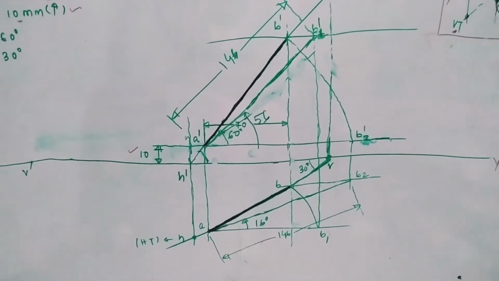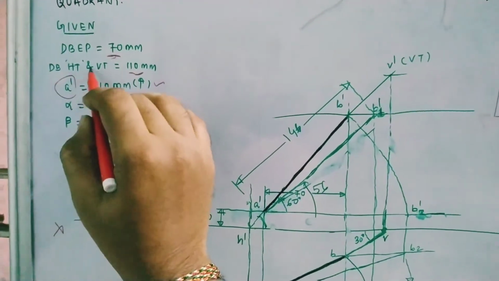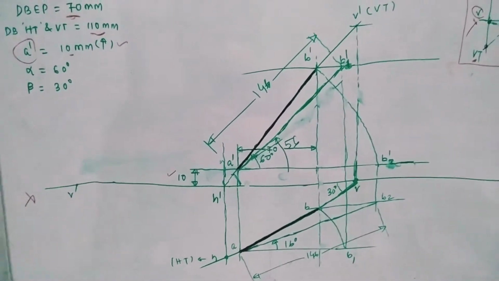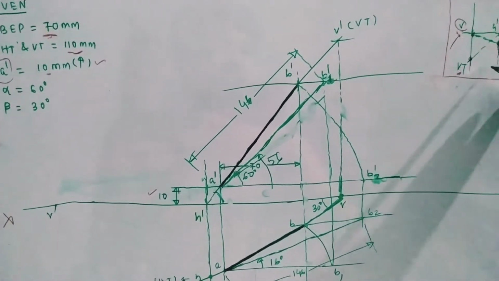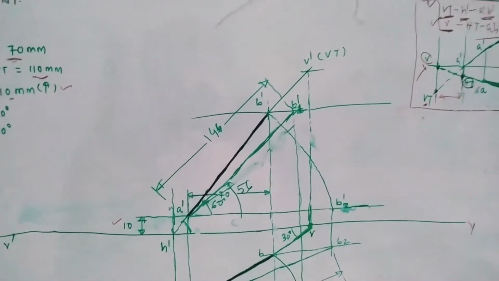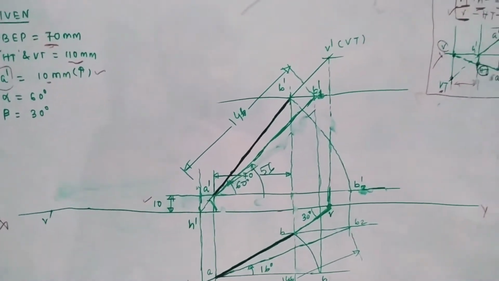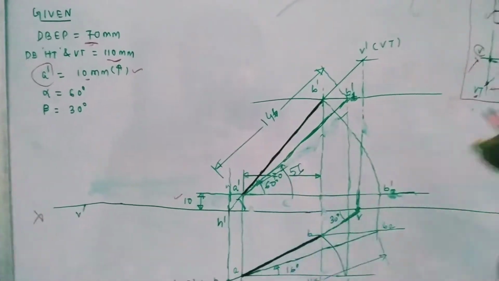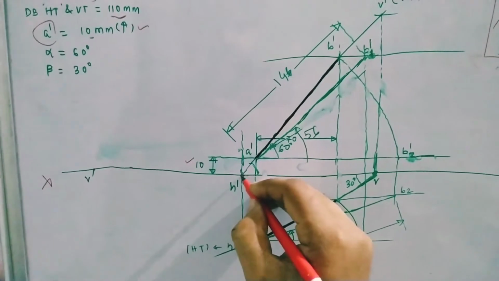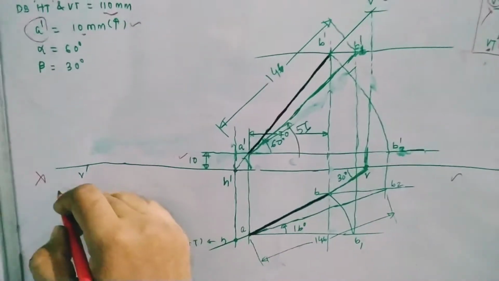How can we find it? Another data given here is that the distance between the horizontal trace and the vertical trace is 110 mm. So if this is your horizontal trace and this is your vertical trace, then this distance is given as 110 mm. If I take this point S dash here, our vertical trace may remain on this side or on this side.